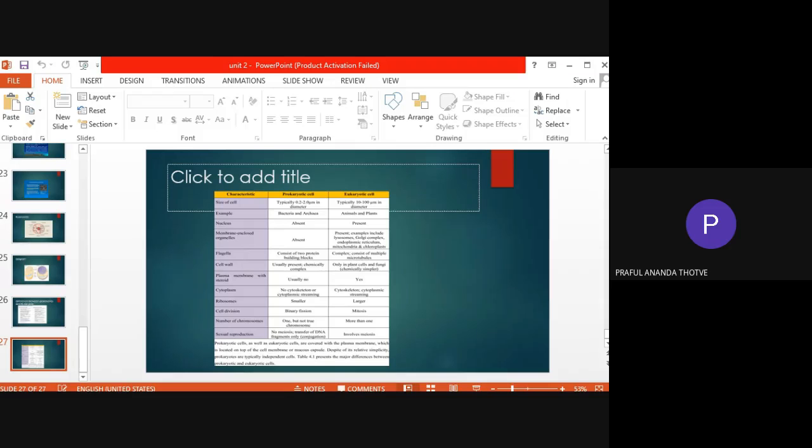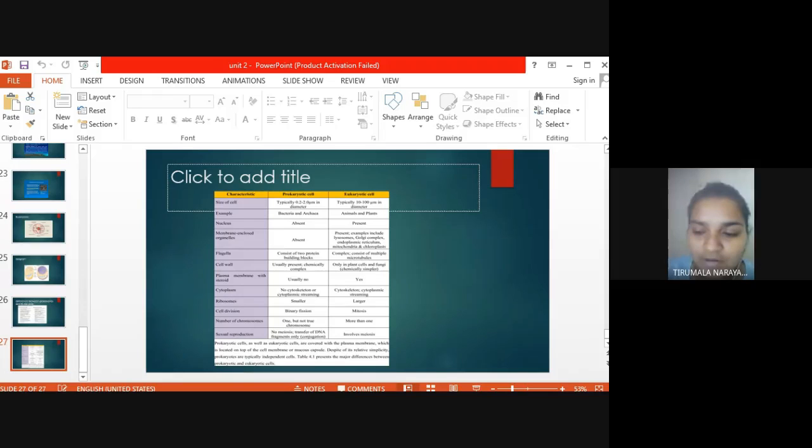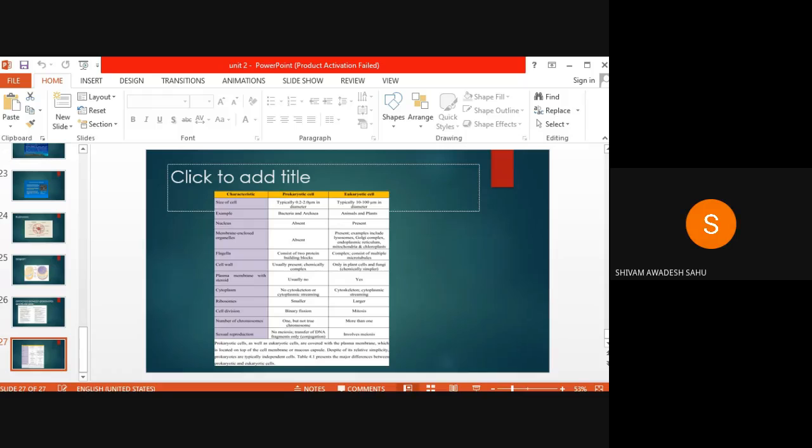Lysosome, Golgi apparatus, rough endoplasmic reticulum, nucleus, centriole. Very good, Praful. Any organelle? Lysosome, vacuole, centriole, nucleus, Golgi apparatus, mitochondria, and endoplasmic reticulum. Okay. Very correct. All these organelles are present in the eukaryotic cell, while all are absent in the prokaryotes.